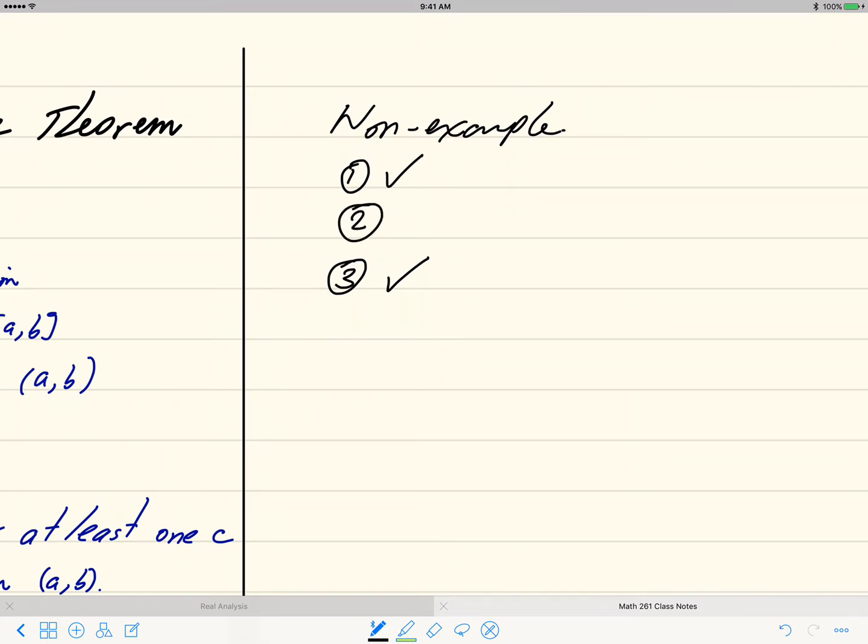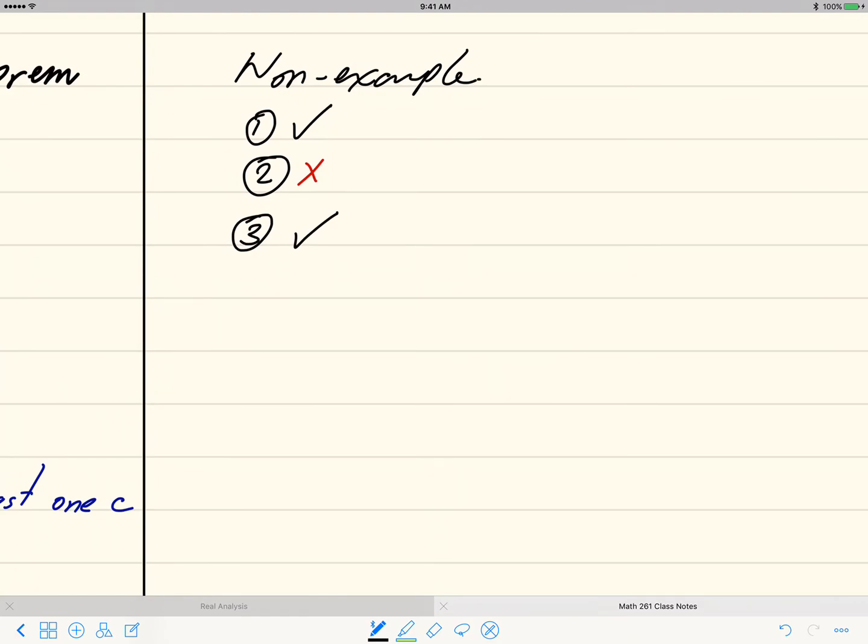But the second condition, differentiability, is not going to be satisfied. So let's build such a function and see what the problem might be. Here's f(a) and here's f(b). They have the same y value, and the function is continuous at the endpoints.